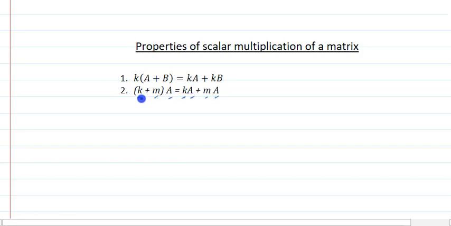That is, (K plus M) multiplied by matrix A is equal to K multiplied by matrix A plus M multiplied by matrix A. You can prove these properties very easily by taking any example of a matrix.